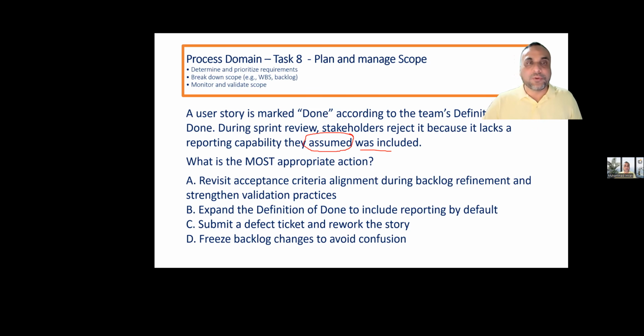What is the most appropriate action? A: Revisit acceptance criteria alignment during backlog refinement and strengthen validation practices. B: Expand the definition of done to include reporting by default. C: Submit a defect ticket and rework the story. D: Freeze backlog changes to avoid confusion. So there are two correct answers, but one is better.